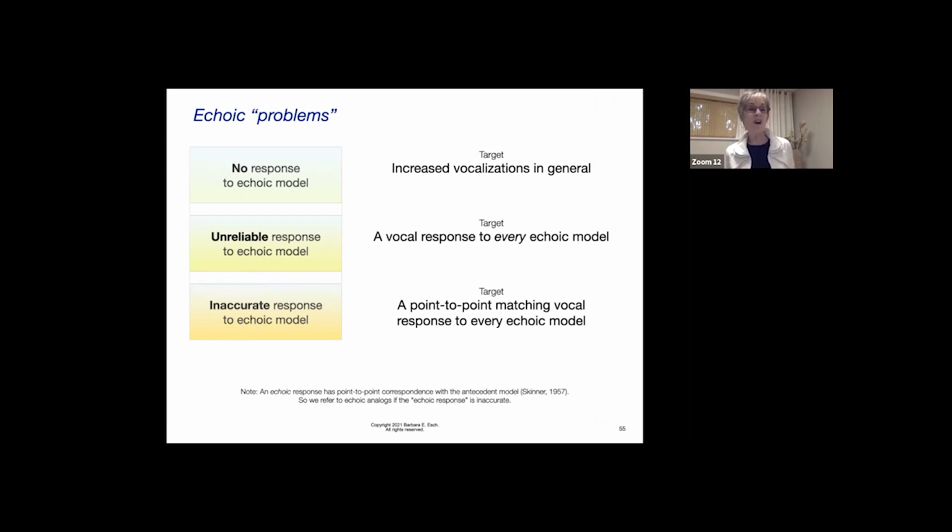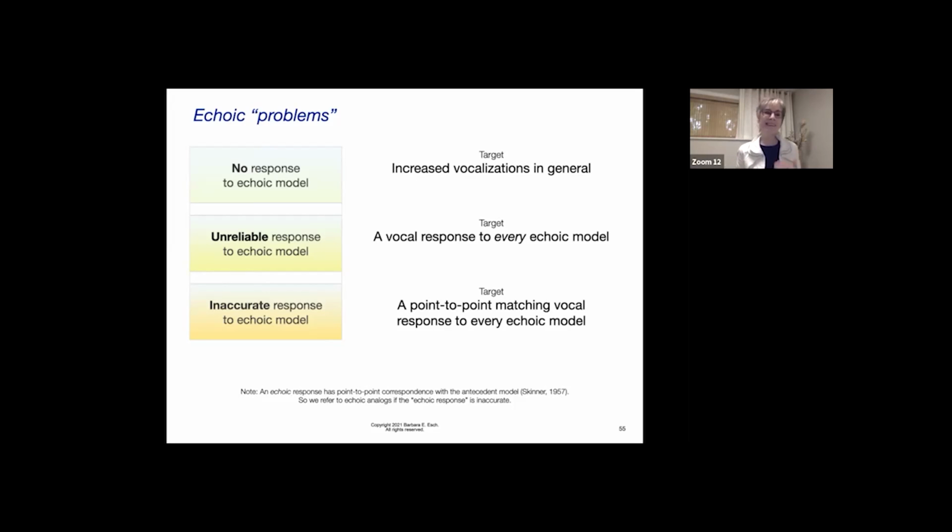And so what you want to target is increasing vocalizations in general through stimulus-stimulus pairing, reinforcing almost anything that comes out of the child's mouth, lots of playtime, sound-making practice, sound-making fun during playtime, but certainly nothing that would smack of a requirement to talk.